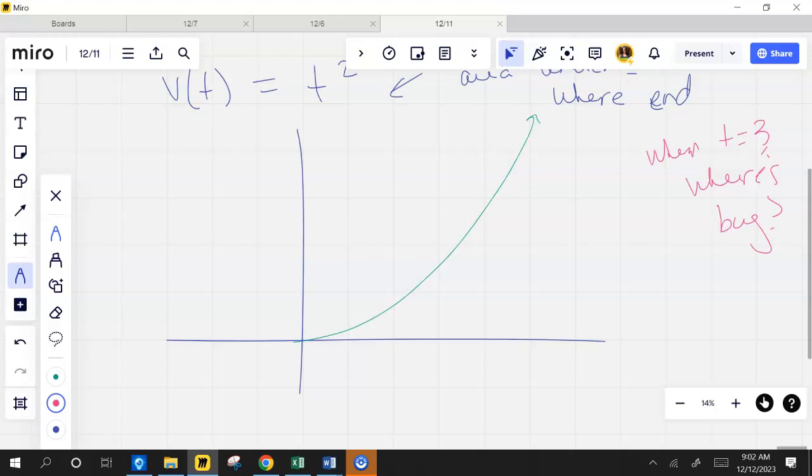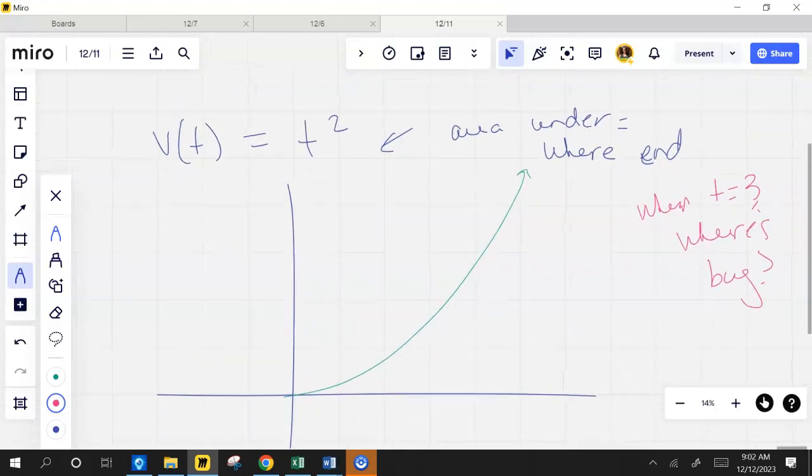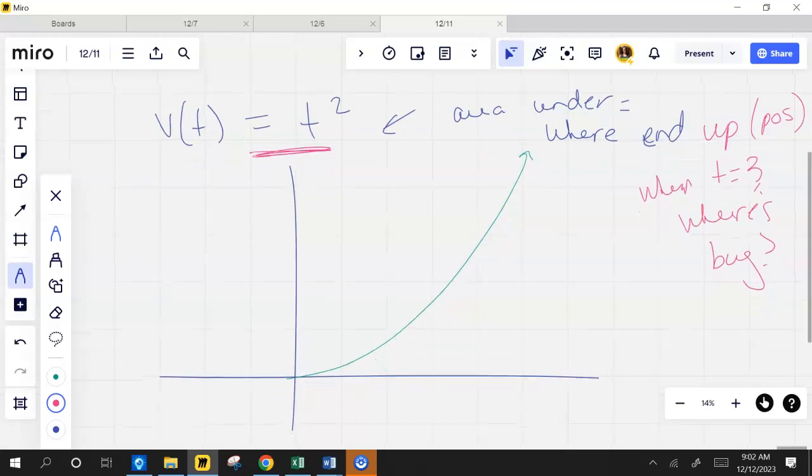I need position. The area under this curve, this velocity curve, is where I end up on position. Okay, but remember whenever we do an antiderivative, I end up with that plus c. And we don't know any other points.